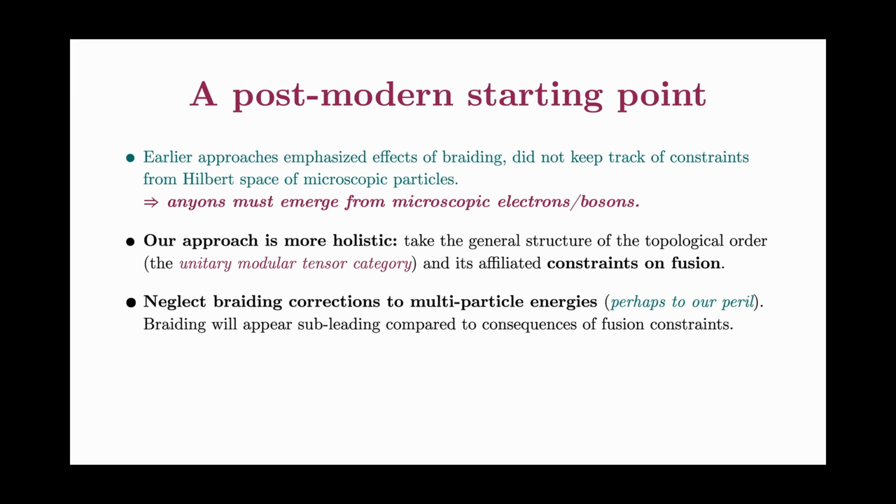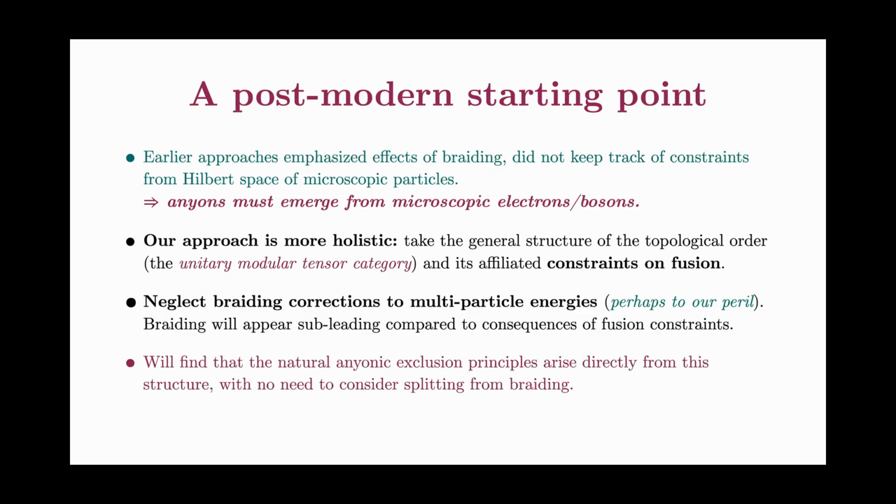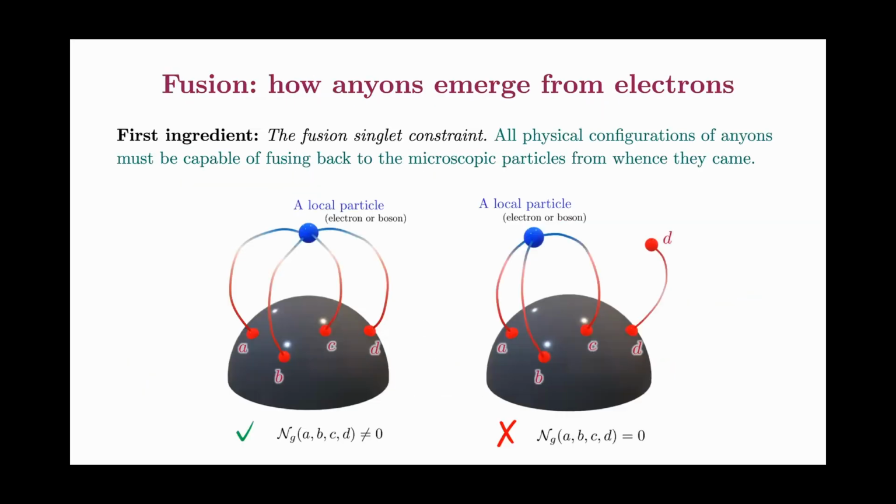But in particular, the reason I think that that's not necessarily going to be super important is that braiding corrections will actually be subleading compared to consequences of fusion constraints. And we'll find actually that there are natural anyonic analogs of the exclusion principle that arise directly from this general structure.